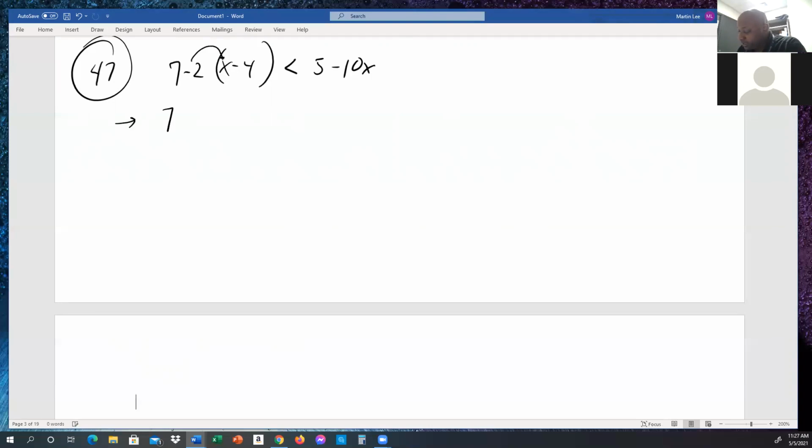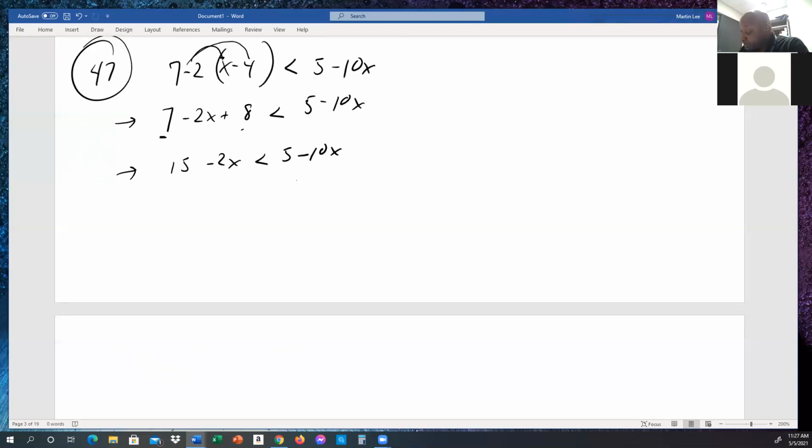Negative 2 times x is negative 2x. Negative 2 times negative 4 gives me a positive 8 is less than 5 minus 10x. We can combine the 7 and the 8, which will give us 15 minus 2x is less than 5 minus 10x.